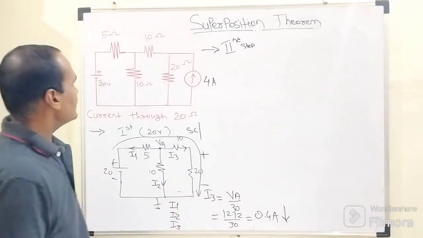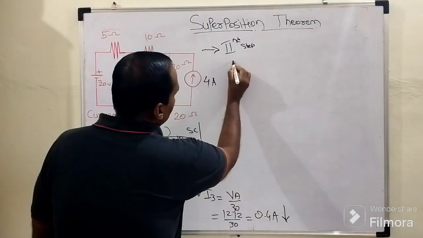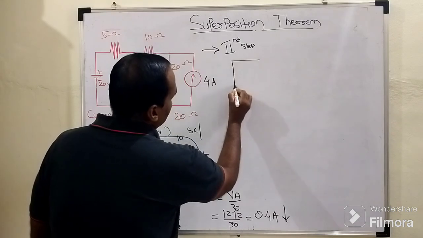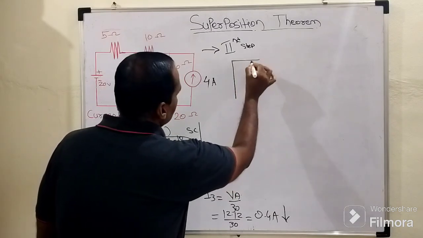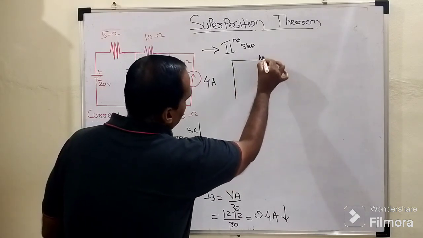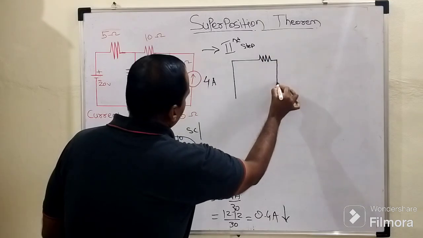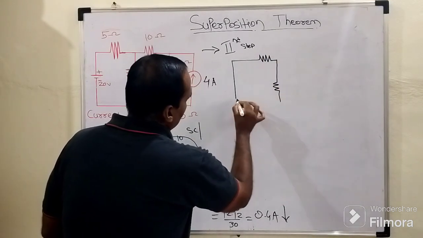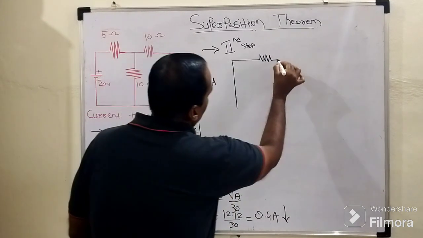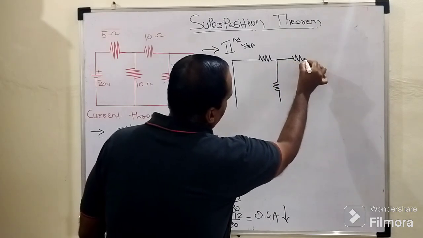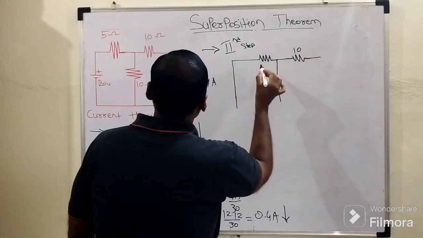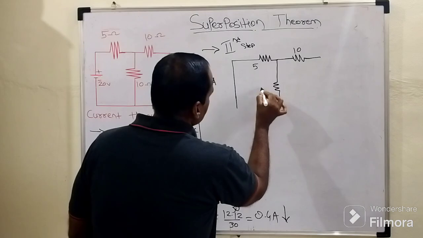So accordingly, how will that circuit look like? Now this 20 volt battery can be treated as a short circuit element like this. The remaining circuit is as it is. This is the 5 ohm resistor. This is the 10 ohm resistor. Again this is a 10 ohm resistor. 10, 5, here also 10.